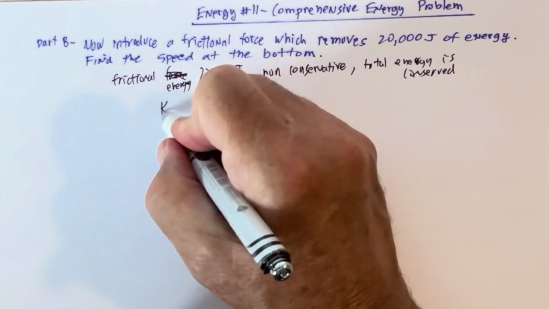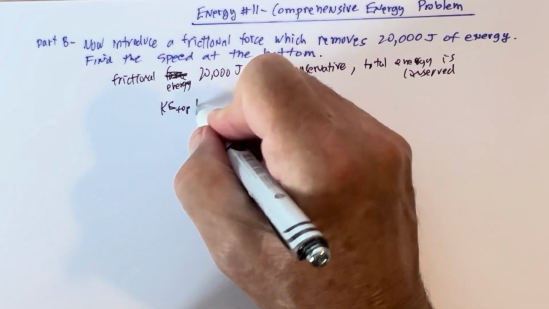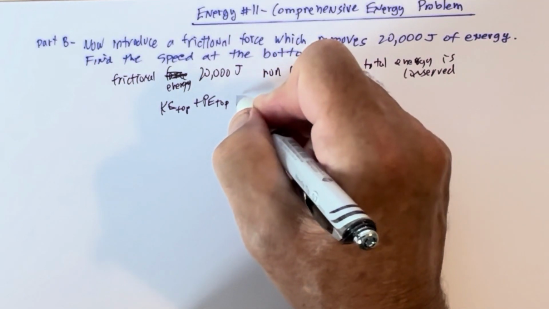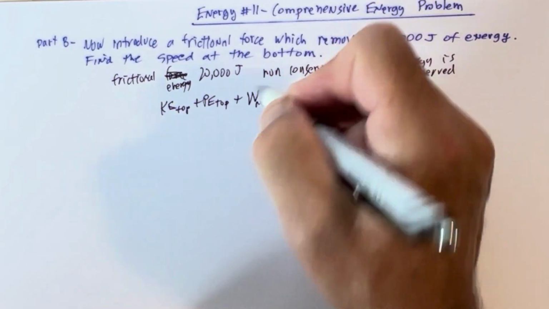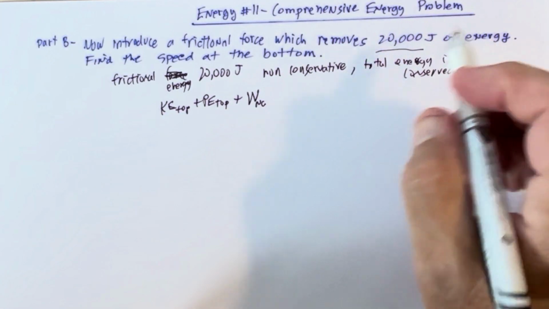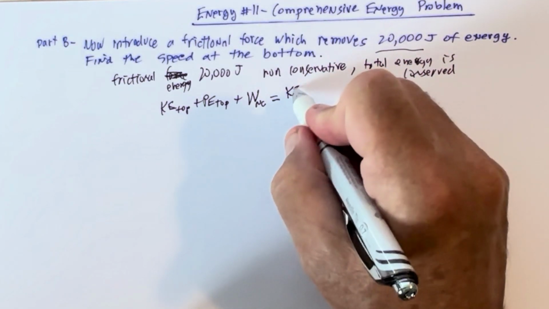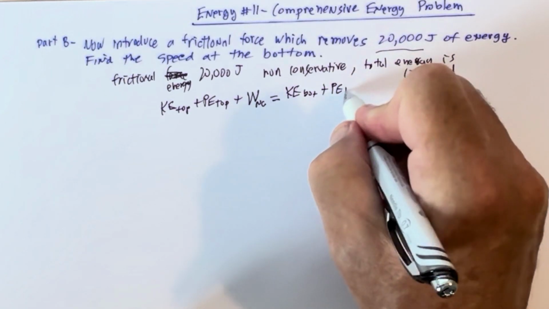So the kinetic energy at the top plus the potential energy at the top, plus this non-conservative work that we just introduced of 20,000 joules, has got to be equal to the kinetic energy at the bottom plus the potential energy at the bottom.